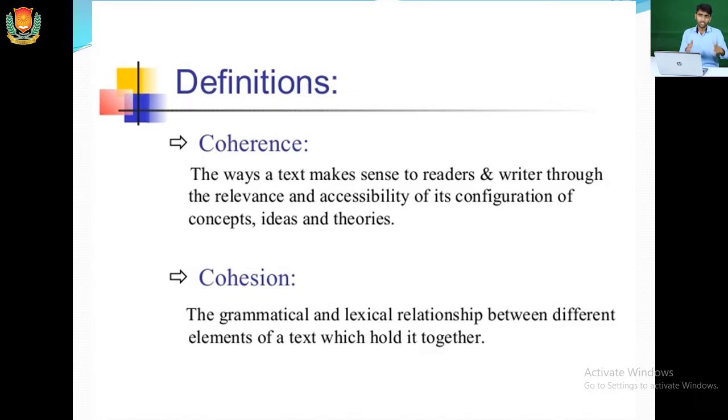For example, just before this I presented an example about online examination. Suppose in the beginning line I say online examination is very important during this pandemic, but in the next line I say that digital platforms are not working, and this is a national problem, so there is no relevancy.